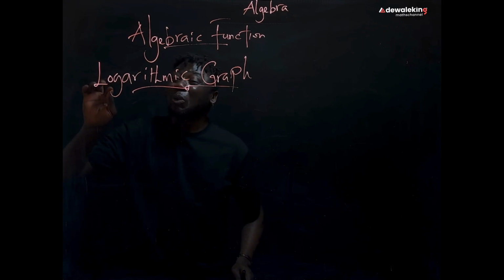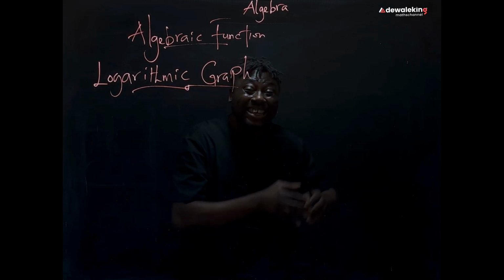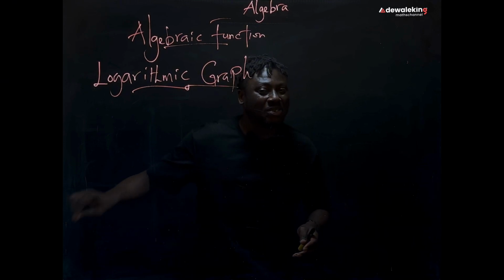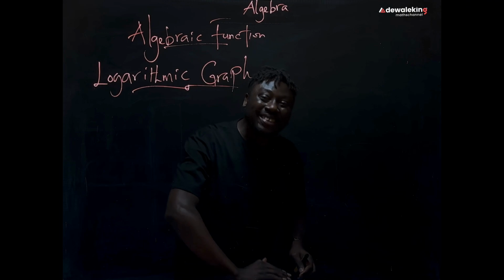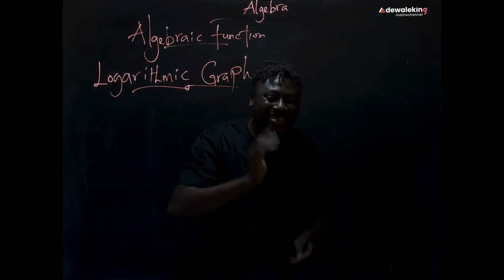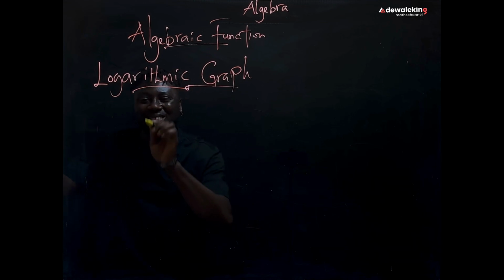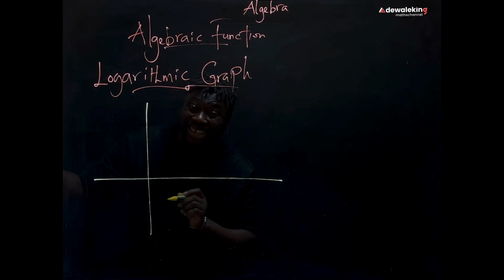5 is logarithmic graph. Logarithmic graph is like the inverse of exponential graph. It travels from the negative infinity along the y-axis to the positive infinity. So it can be drawn as thus, like this, as the y-axis and the x-axis.